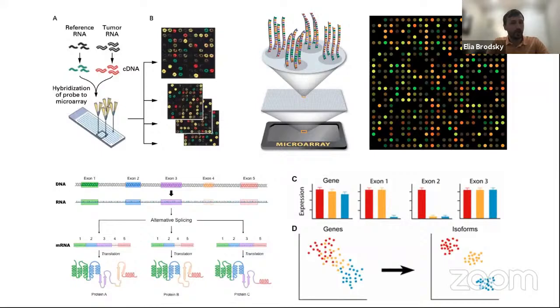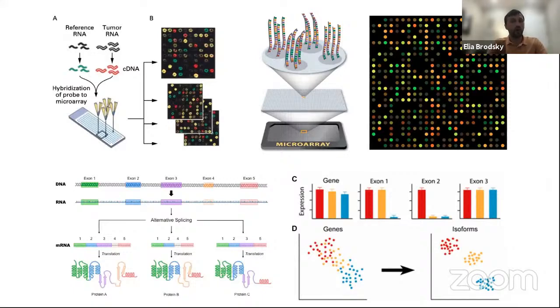Now, as opposed to microarray, next generation sequencing has revolutionized the way that we can look at transcriptomes because it provides us with so many novel insights about what's actually going on. One, we don't have to perform a preparation technique that creates the assay.